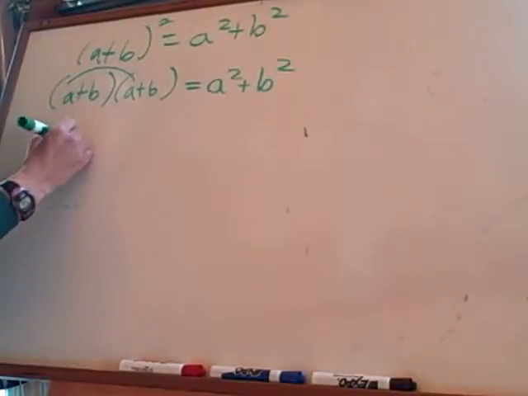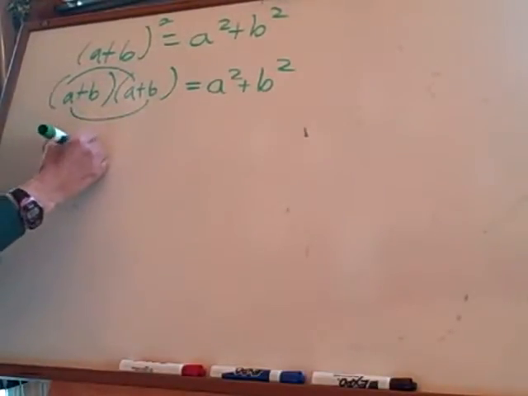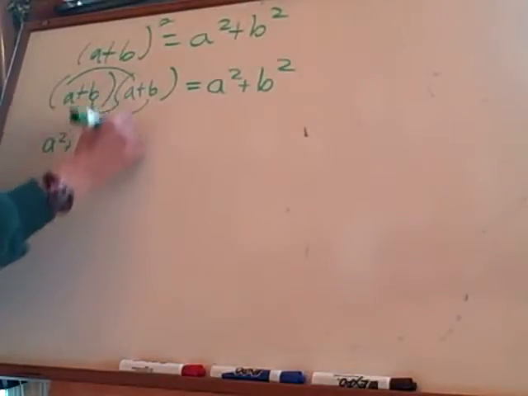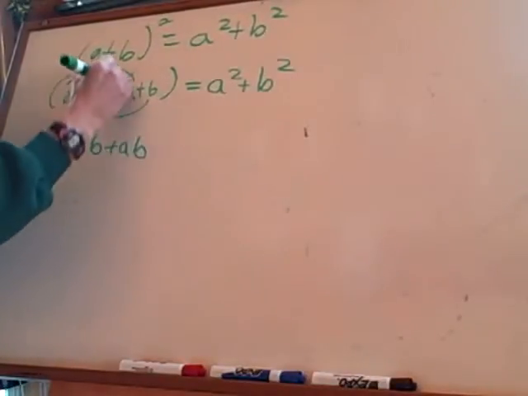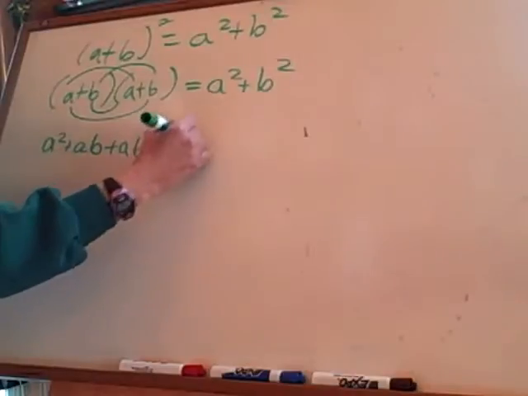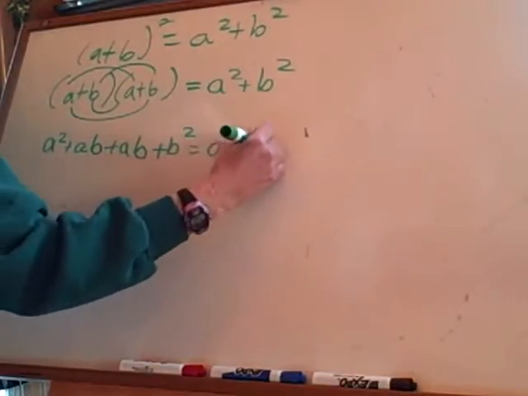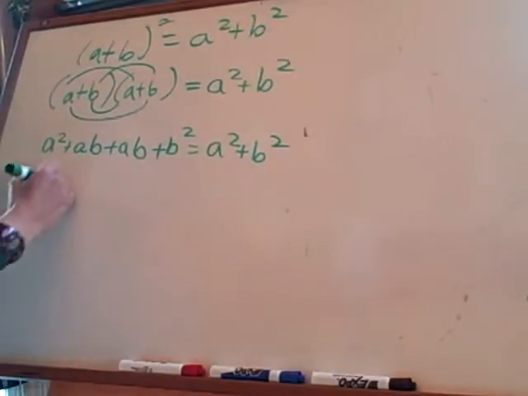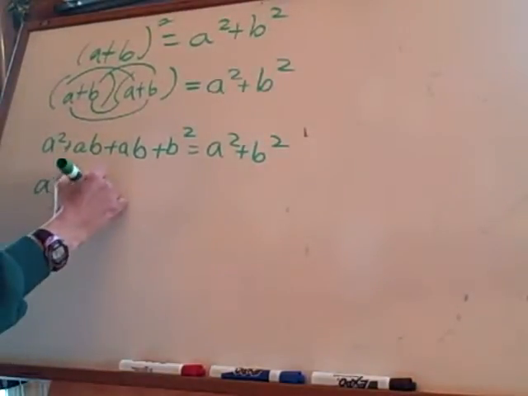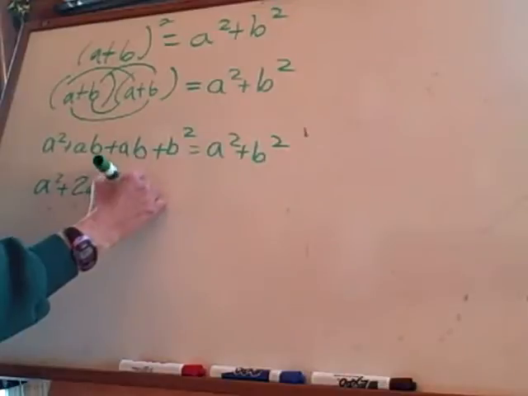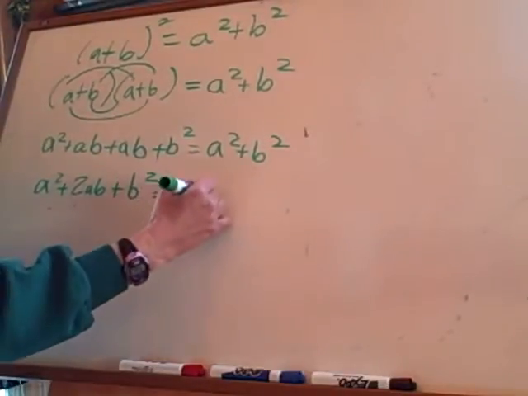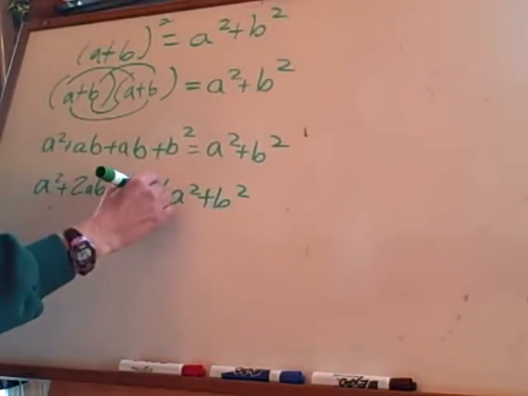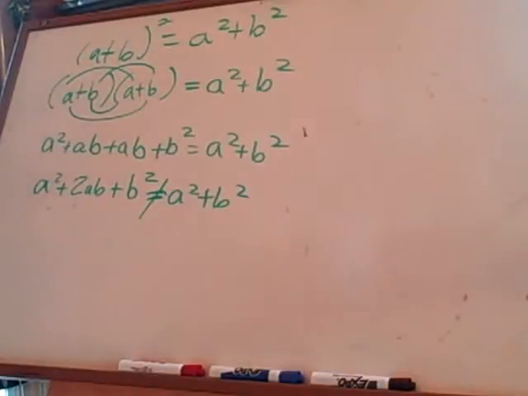First gives me a squared, outer gives me ab, inner gives me ab, and last gives me b squared. So a squared plus 2ab plus b squared. Are those the same? No, they are not. Algebraically, they are not the same.